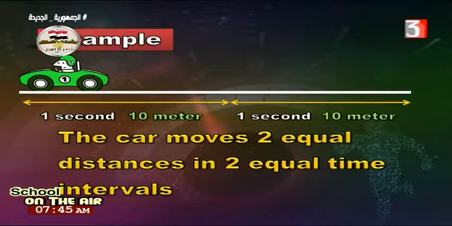If you divide 10 meters over 1 second, you find the speed equals 10 meters per second. This means the car covers the distance at a regular speed, or a uniform speed.